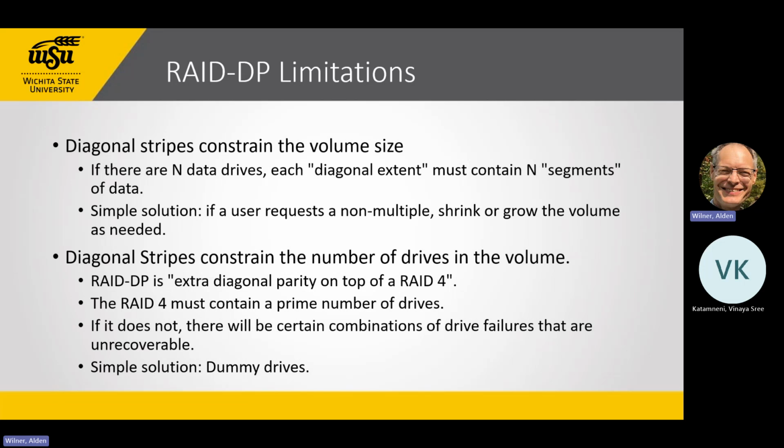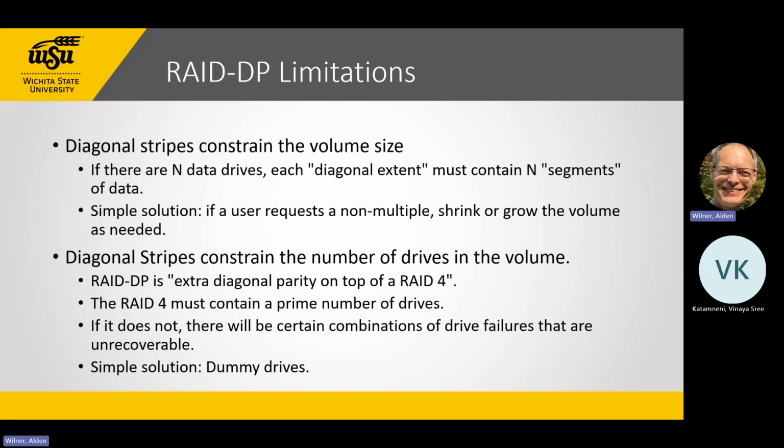The diagonal stripes also constrain the number of drives in the volume. RAID diagonal parity is considered an extra diagonal parity on top of a RAID 4. And if you start failing the right combinations of drives, you get into modular arithmetic problems. So the size of that RAID 4 volume must be a prime number. You can have a RAID 4 volume with 3 drives, which is what we did before. You could theoretically have one with 1 drive, which is basically a RAID 1, right?